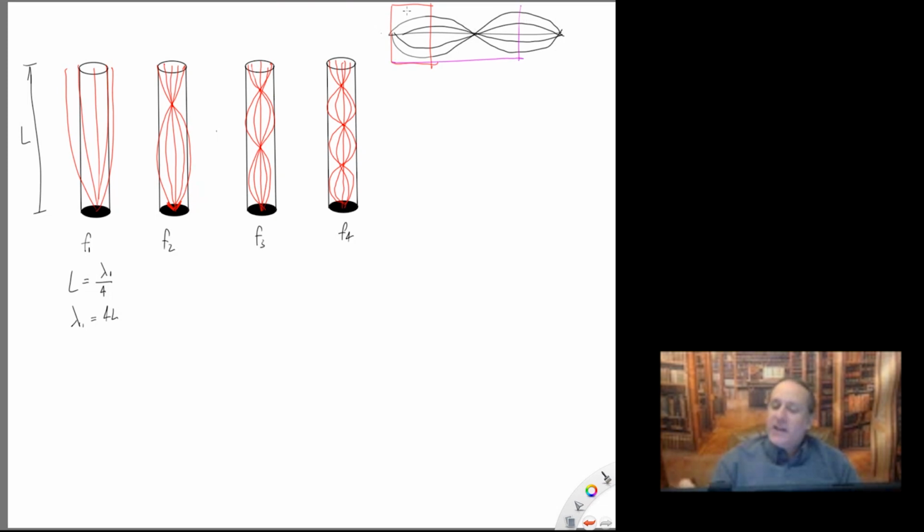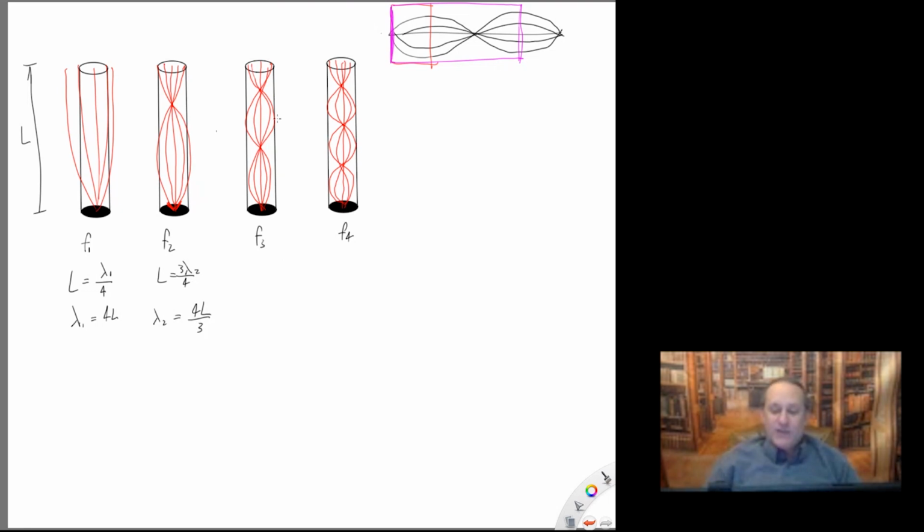So we're getting something like that. We get 3/4 of a wavelength here. So the length is equal to 3/4 lambda. So lambda would be 4L over 3.